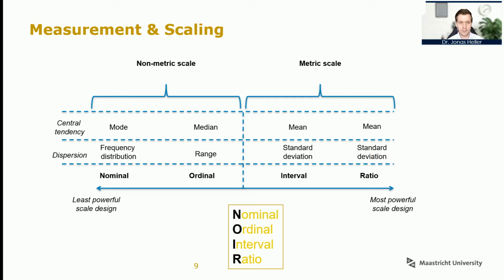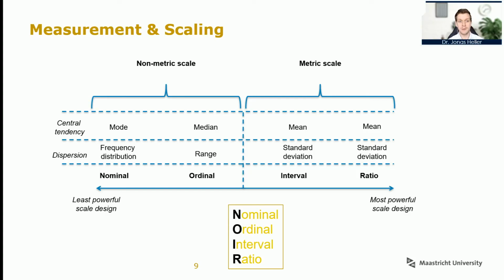So if you look at the non-metric side of things, the left-hand side of your slide, then you can see that nominal and ordinal scales do not allow the collection of means or averages and standard deviations in your data set. The nominal scale only allows you to collect the central tendency measure as the mode, and the dispersion would be the frequency distribution.